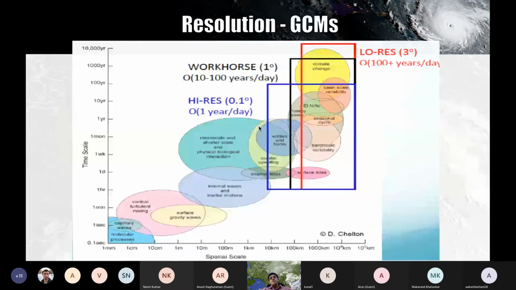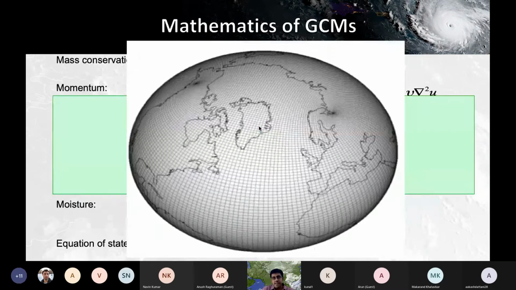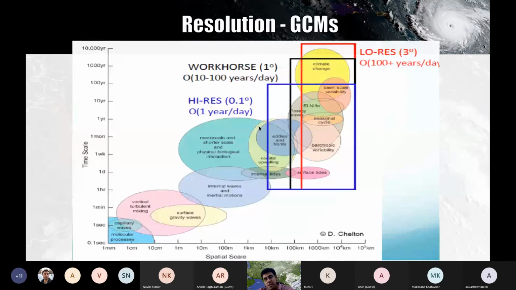Okay. So now when you are building this GCM, you need to zoom in on the resolution, or decide with what resolution you are going to run this climate model. There are different resolutions available.